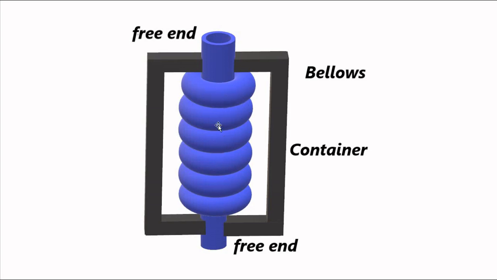They are designed separately and then stacked one above the other and joined. And there are two free ends. One free end is connected to the source of pressure and the other free end is connected to the secondary transducer or a pointer scale arrangement.